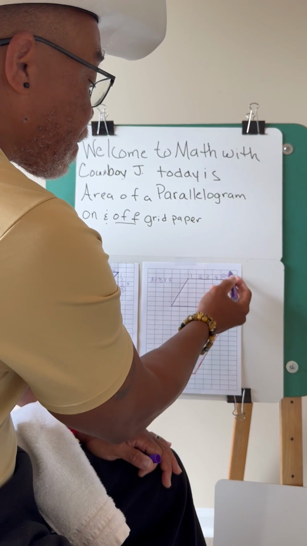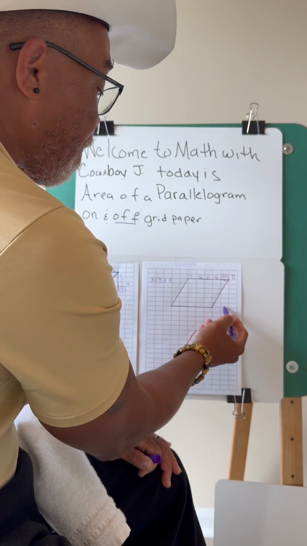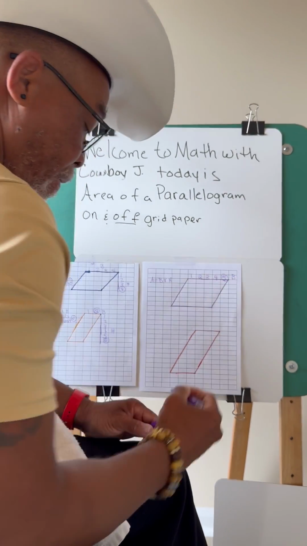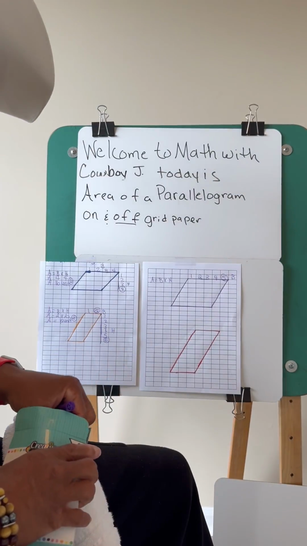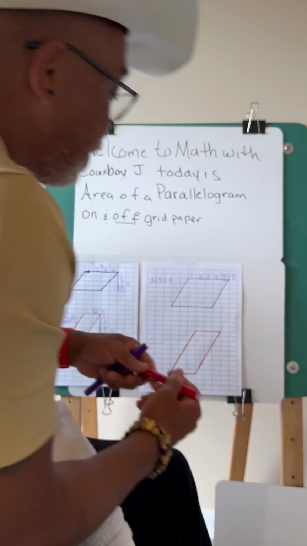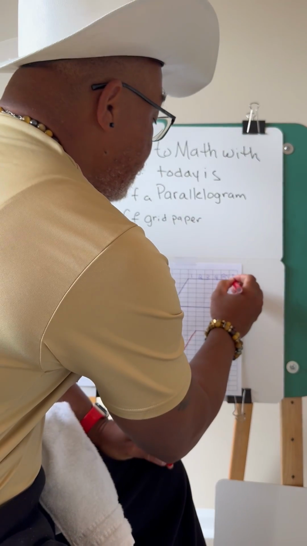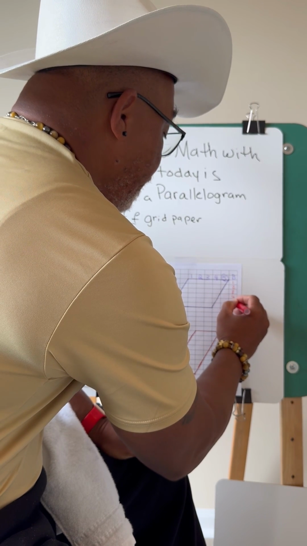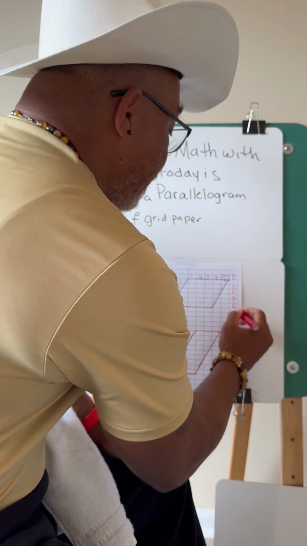Again, we're going to count the grid line from top to bottom to get our height. So again, I probably should have used another color to distinguish the two. So let's go 1, 2, 3, 4, 5, 6.